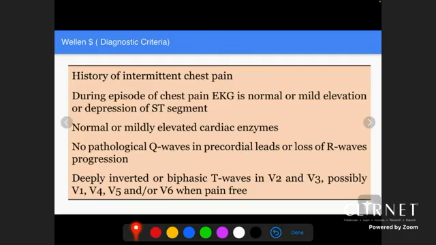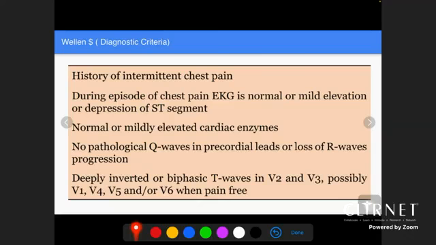First thing is a history of intermittent chest pain. So the patient should have chest pain, not continuous, but at least coming and going, typical angina chest pain. During the episodes of chest pain, ECG may show normal or mild ST changes, either elevation or depression. However, normal or mildly elevated cardiac enzymes.